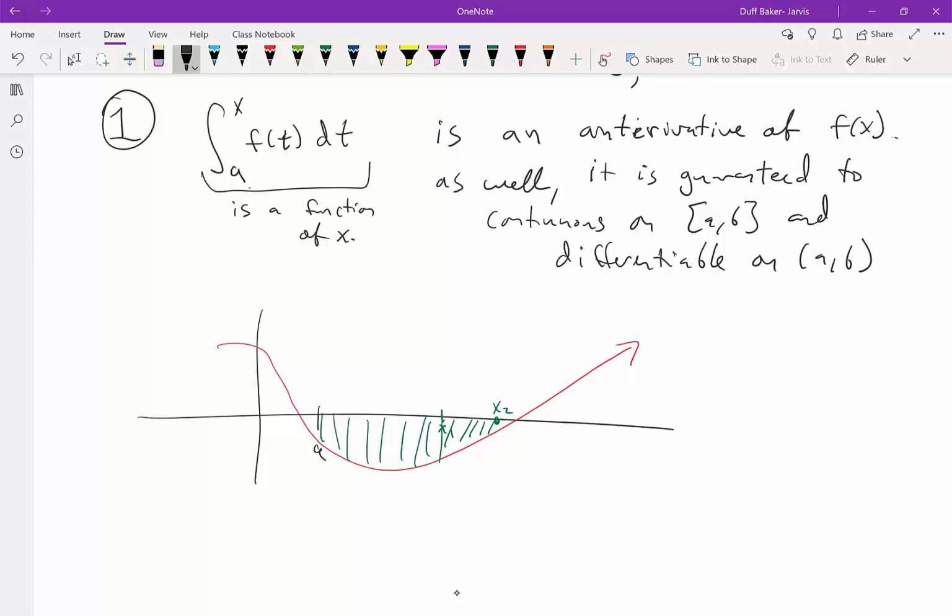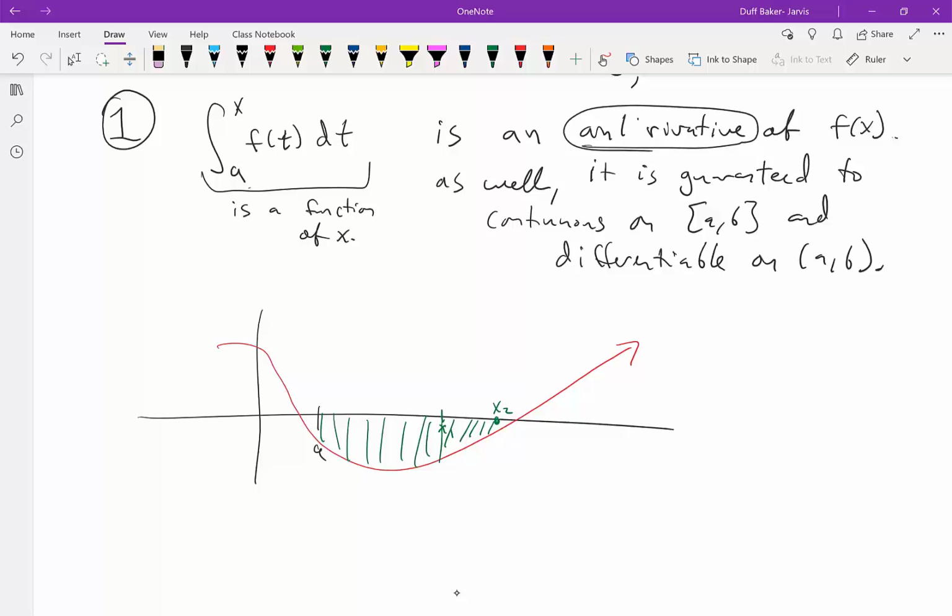But we're not going to worry too much about that. The main thing is that this thing is an antiderivative. Okay, so that's part one of the fundamental theorem of calculus. It says that definite integrals are one way of calculating an antiderivative.